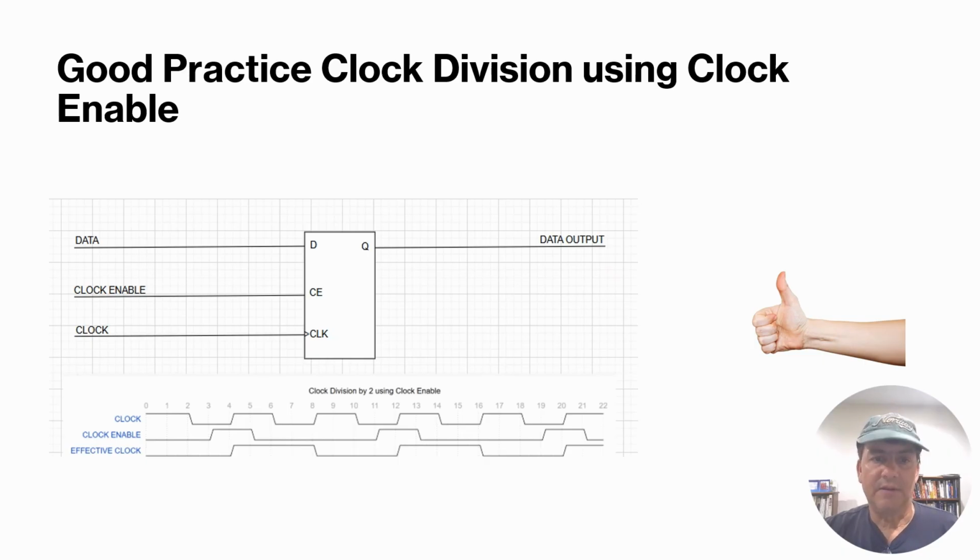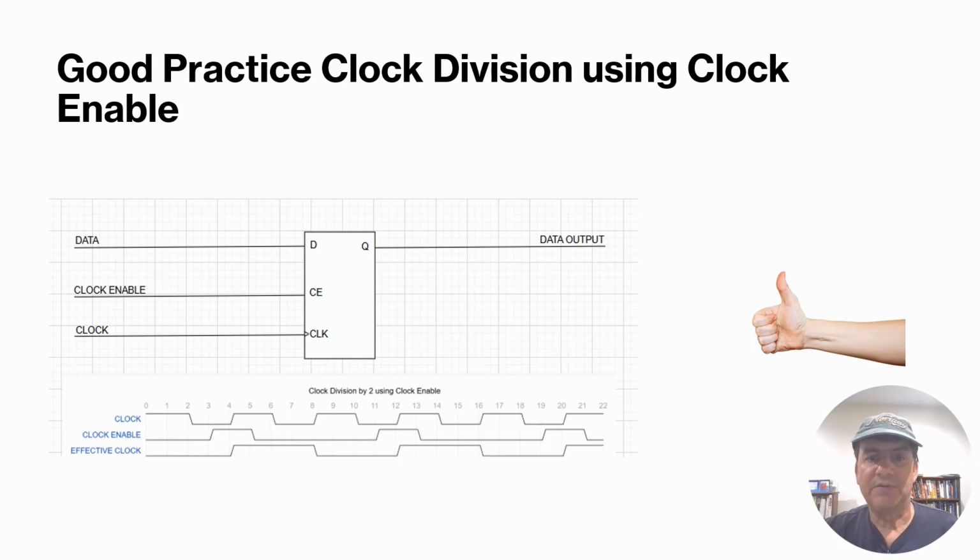Why is this the preferred way to achieve a divide by 2 operation? Because it keeps the design on the global clock network. The global clock network in the FPGA is dramatically better than regular fabric routing and is designed for one purpose, delivering a clock edge to thousands of flip-flops with extremely small timing variation.